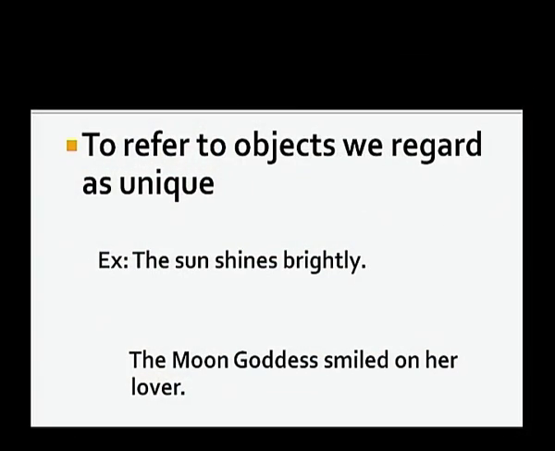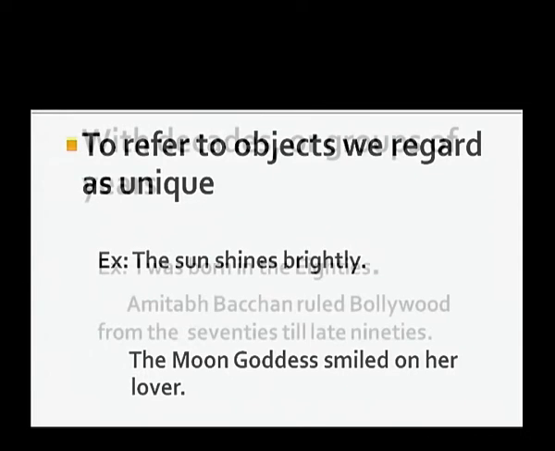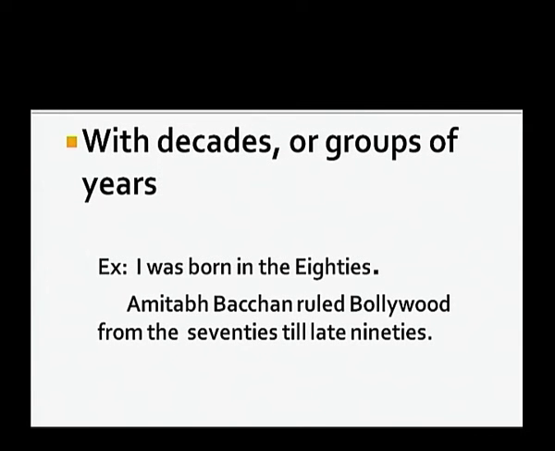The sun shines brightly. The moon goddess smiled on her lover. With decades or groups of years, for example, I was born in the 80s, or Amitabh Bachchan ruled Bollywood from the 70s till late 90s.